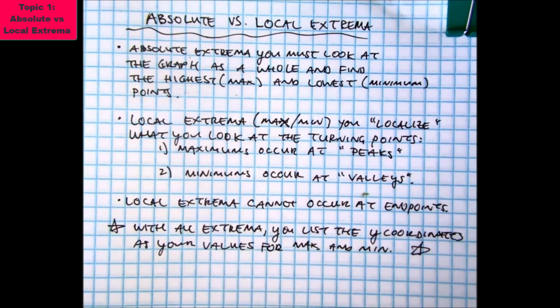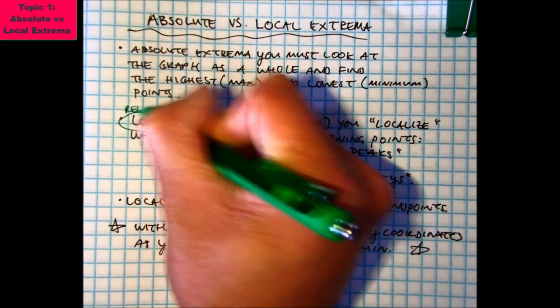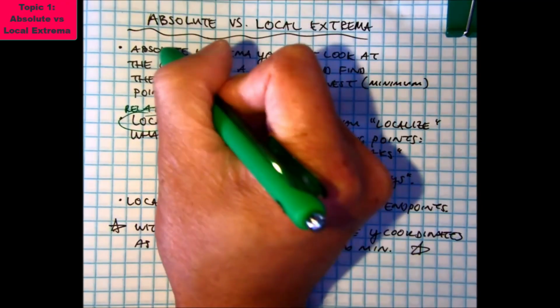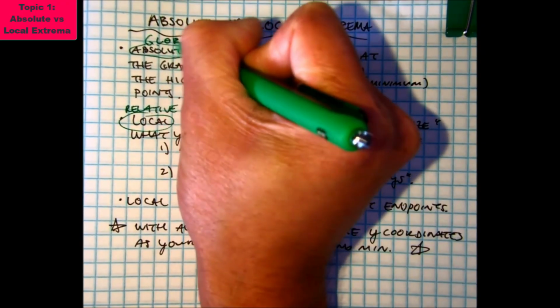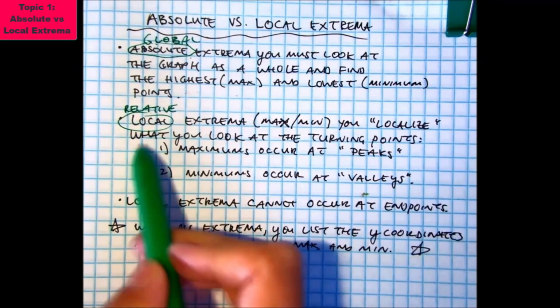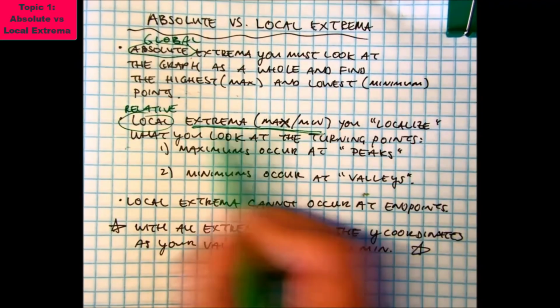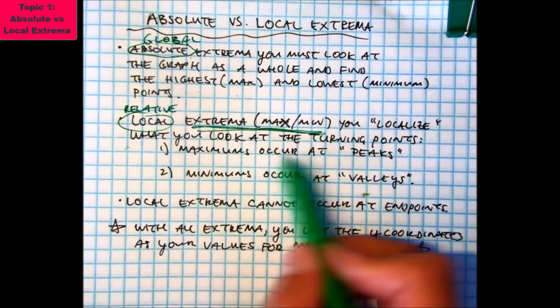Local extrema, another word for local, you can write relative. Another word for absolute, you can write global. Relative extrema, the word extrema just basically means max or mins. You localize what you look at when you look at the turning points.